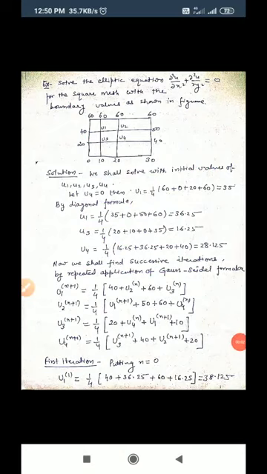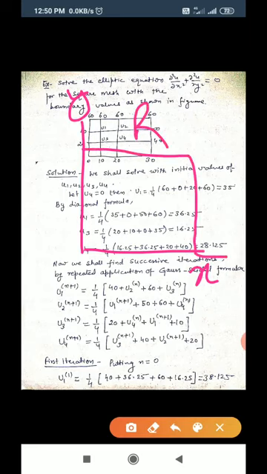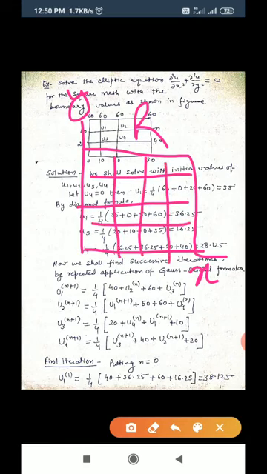Look at this example on screen. Before solving this, let us consider in the xy plane a rectangular region R. This is the region R. Now we divide this region R into a number of small rectangular regions. These points of intersection are said to be mesh points, nodal points, grid points or lattice.